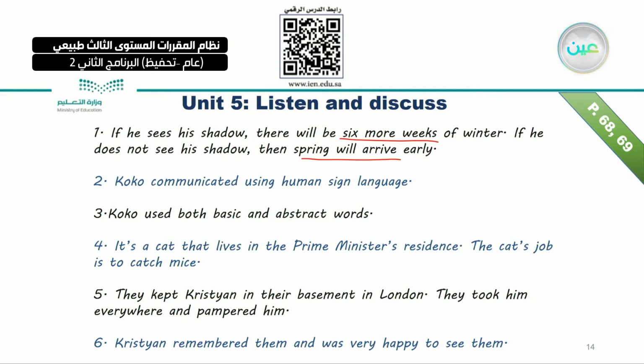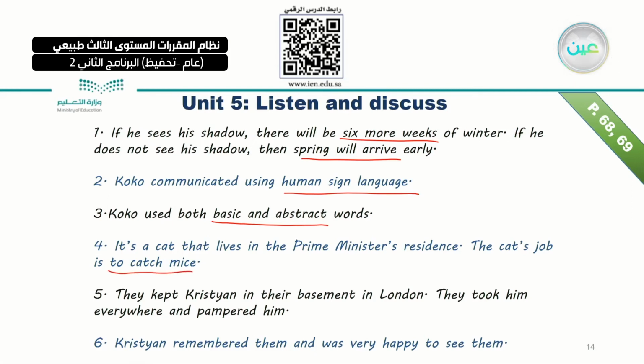Coco communicated using human sign language. Number 3, Coco used both basic and abstract words. 4, I'm talking about the chief mouser. It's a cat that lives in the Prime Minister's residence. The cat's job is to catch mice.